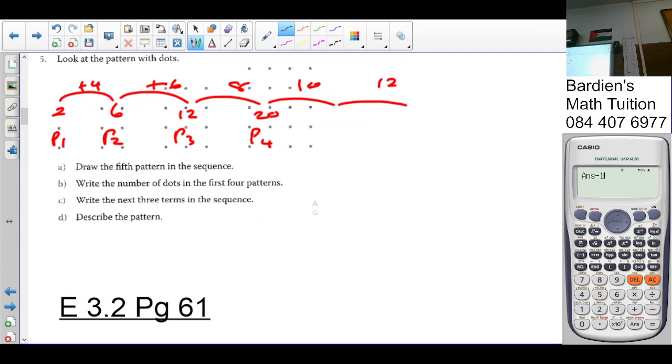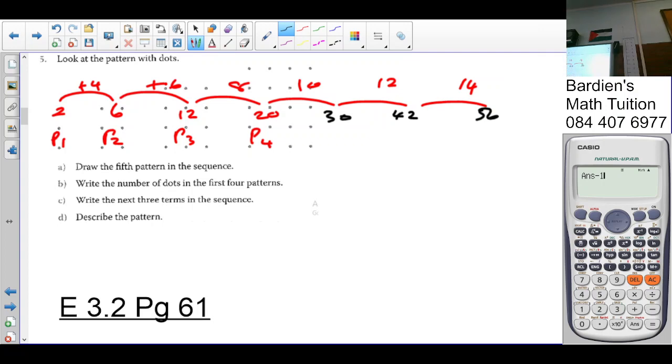So the next number in the sequence will be 30, then 42 and so on. Draw the 5th pattern. Okay, that shouldn't be an issue. B. Write down the number of dots in the first 4 patterns. We just did. C. Write the next 3 terms. So I did the first one, the second one. So the next one is going to be 14, which gives you 56.